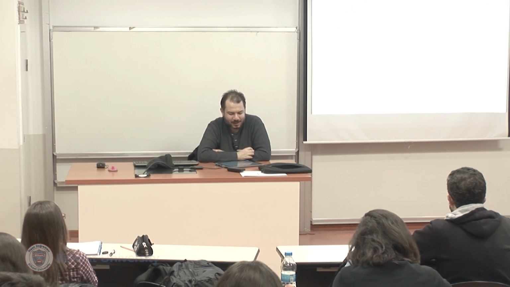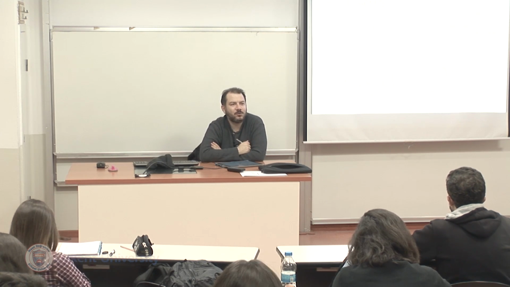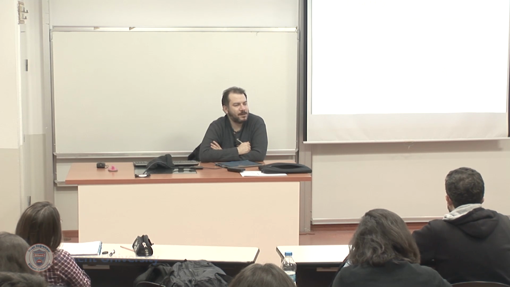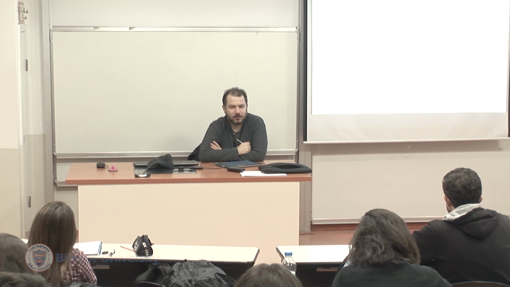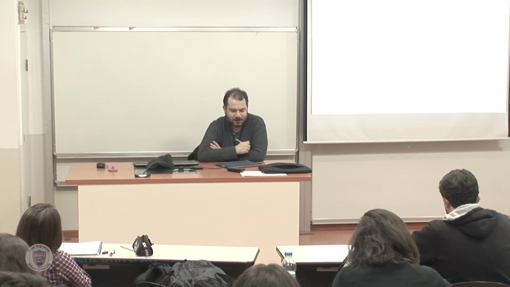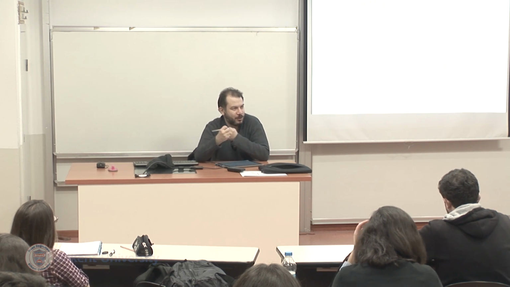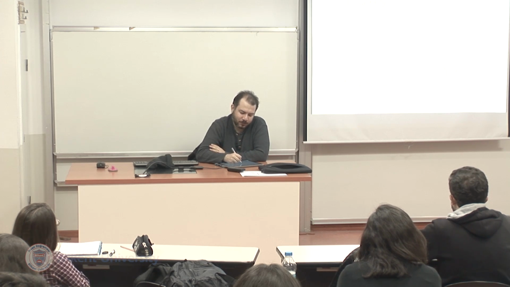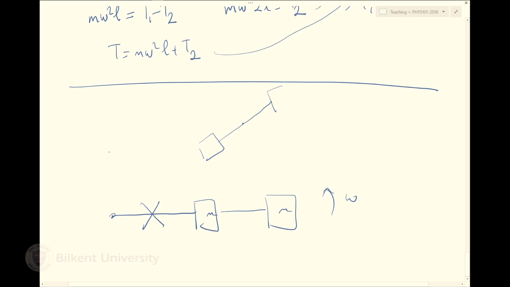Now, when it snaps, what do I expect these two masses to do? They are tied to each other, so they cannot get away from each other. Essentially, their center of mass will move with a constant velocity. Why am I sure that their center of mass is going to have constant velocity?